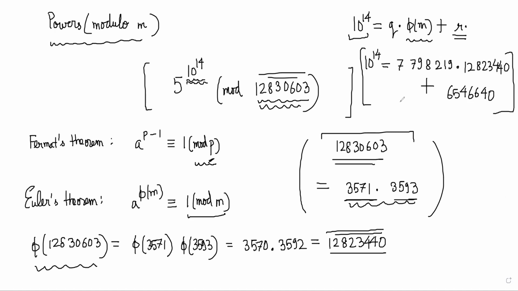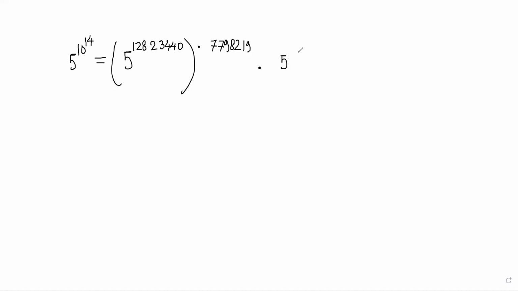What is the benefit of that? Now I can write 10 power 14 as this, right? I will show you on the next page. You have 5 power 10 power 14. That can be written as 5 power 12823440 multiplied by 7798219, multiplied by 5 power 6546640.